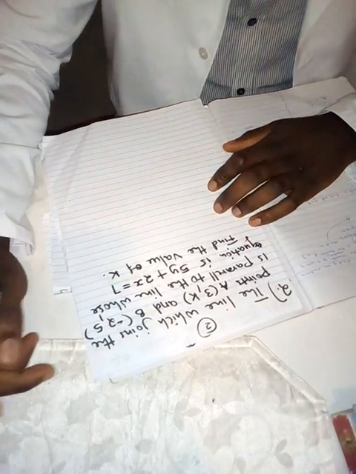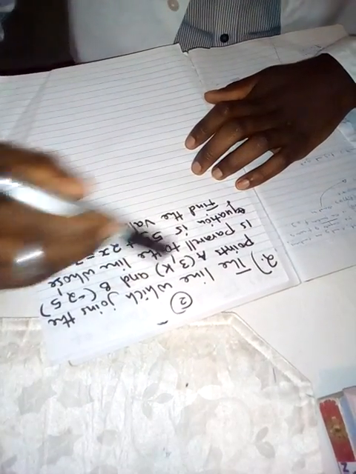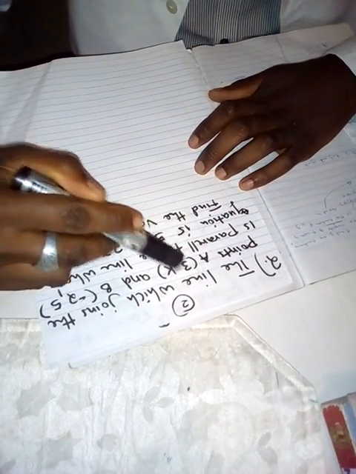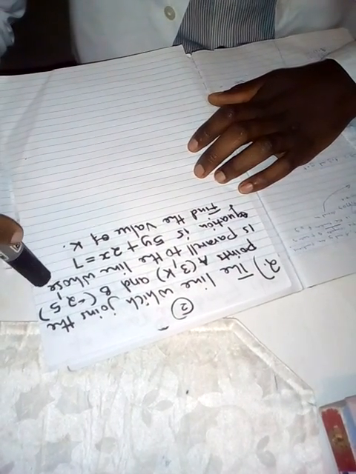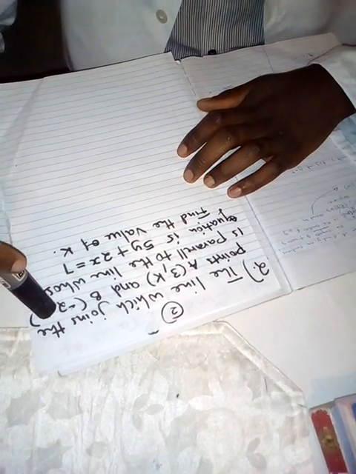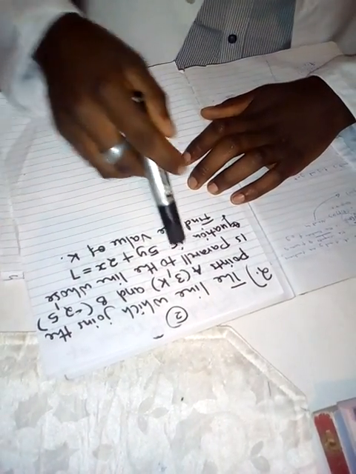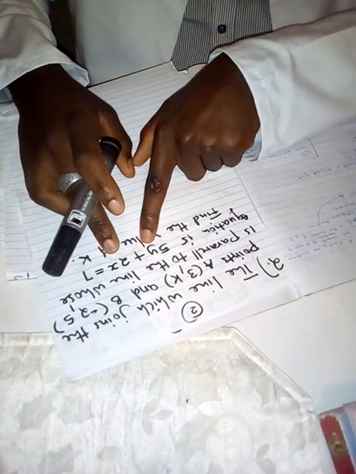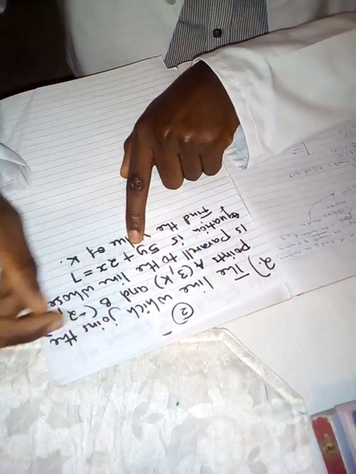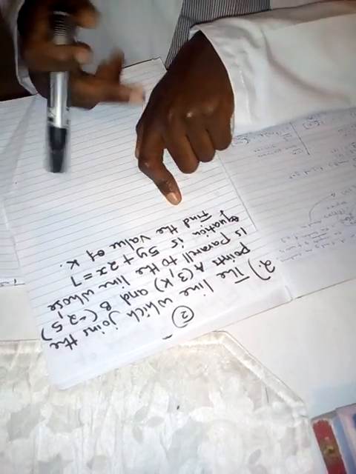For example, this problem says the line which joins the points A (3, k) and B (-2, 5) is parallel to the line whose equation is this. So these points make an equation which is parallel to this equation. So find the value of k.